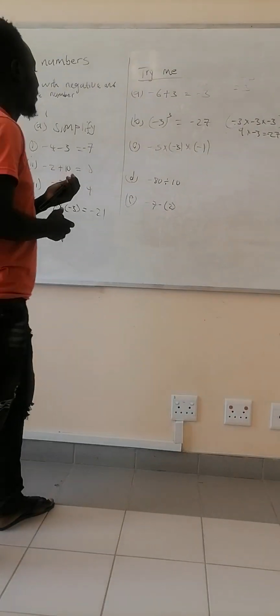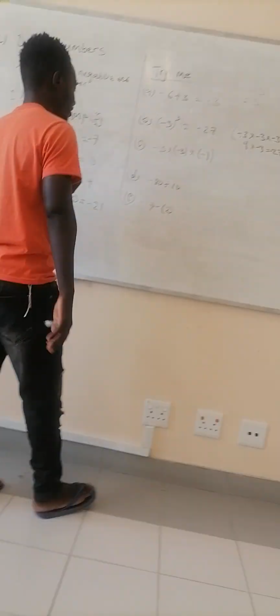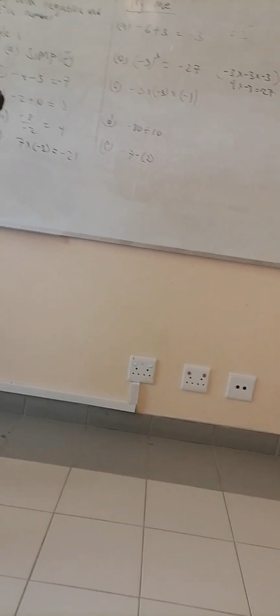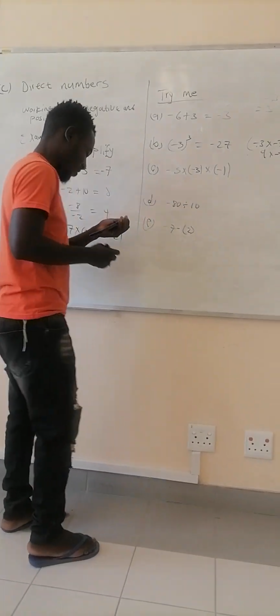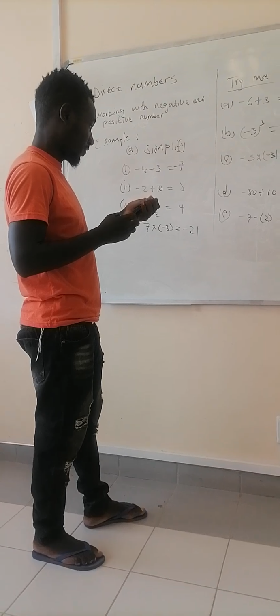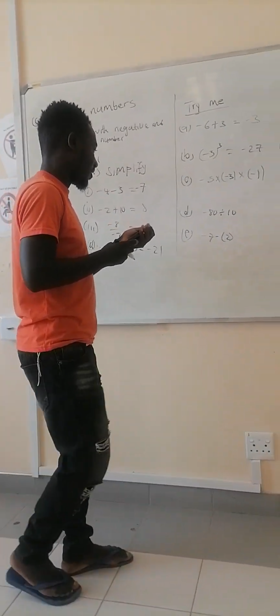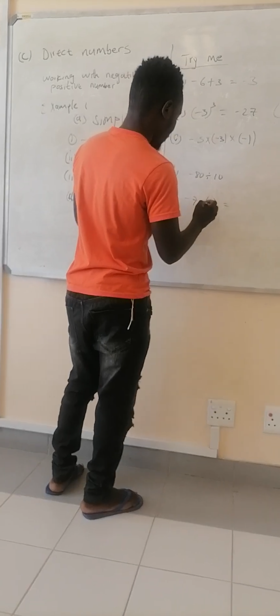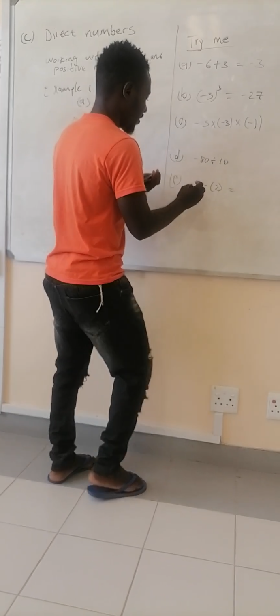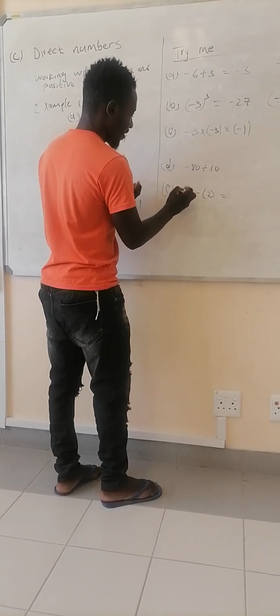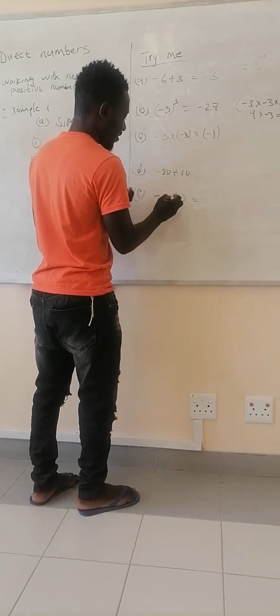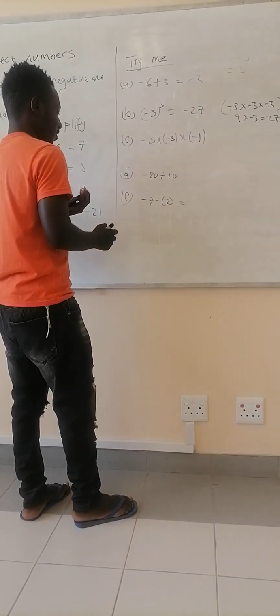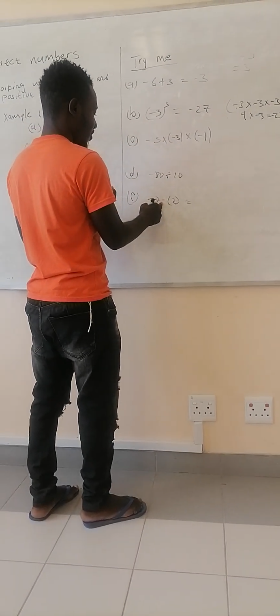Now let's do the last one, E. Then you try the other two at home. E says negative 7 minus 2. This is a negative and this is a negative.